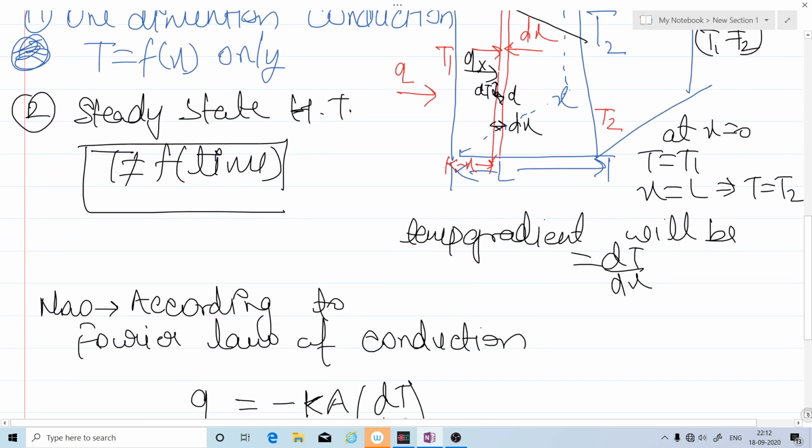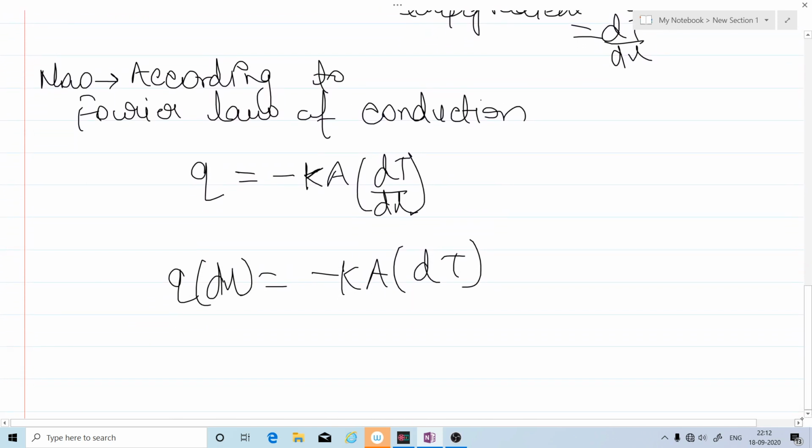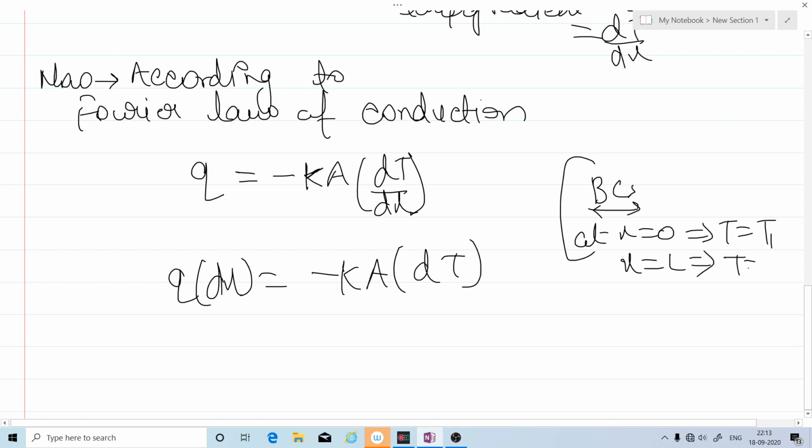Therefore, these temperature conditions are our boundary conditions. So the boundary conditions are: at x equals 0, temperature is equal to T1, and at x equals L, temperature is equal to T2. This is what our boundary conditions are.